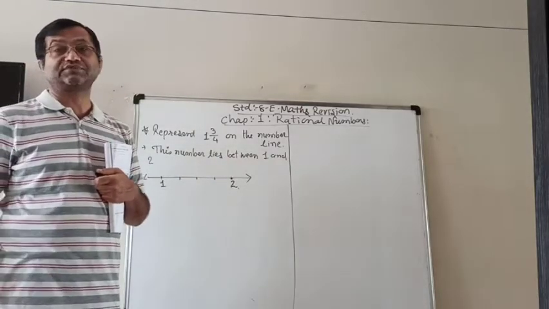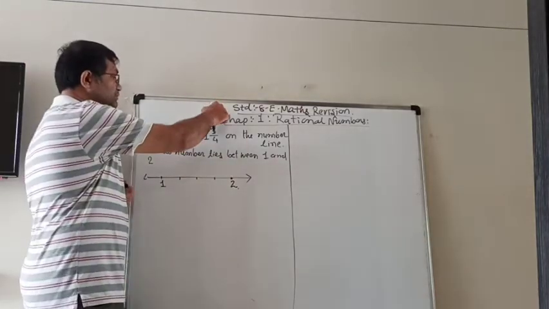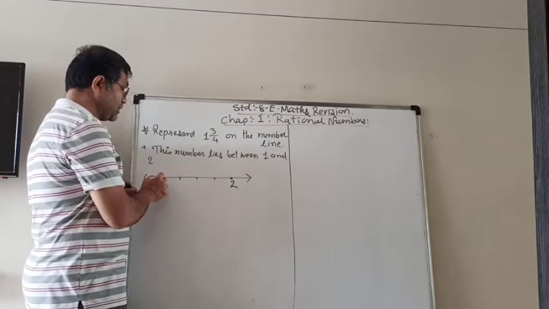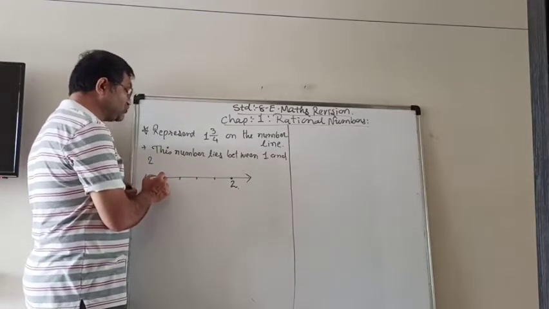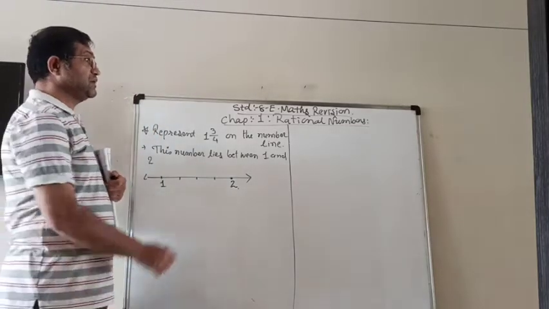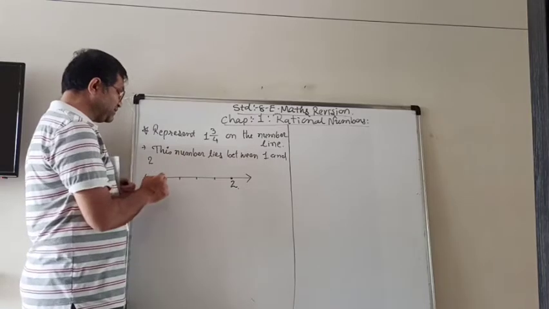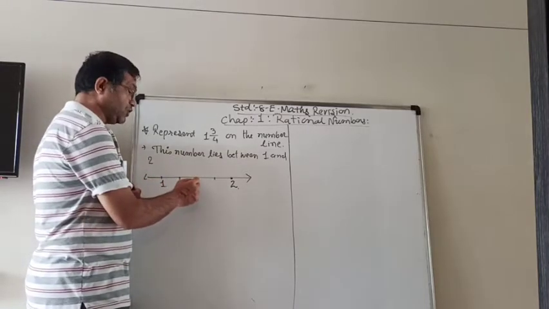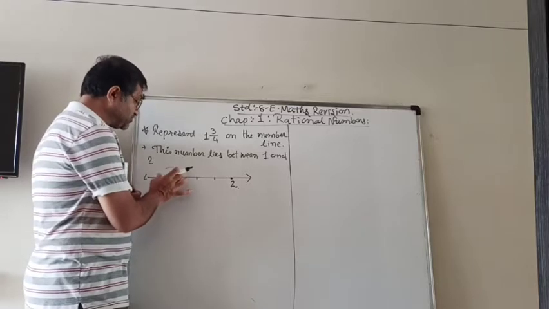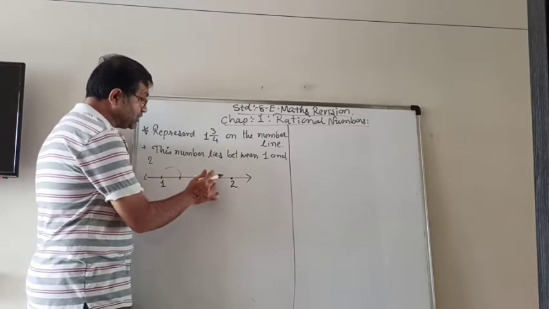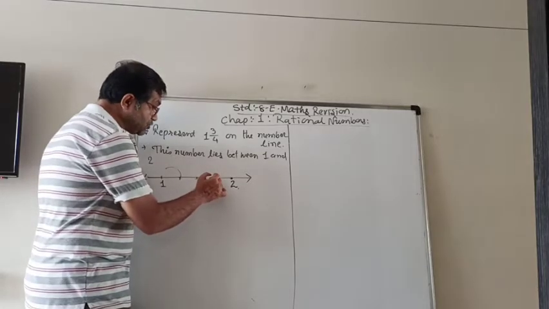Then check the denominator here is 3. So starting from 1, but don't count that one as 1. Here also students are making mistakes. When you have to take first part, they take that one. They count like first, second and third. No, that is the first part. From here to here it is second part, and here to here that is the third part. So we have to take the third part.